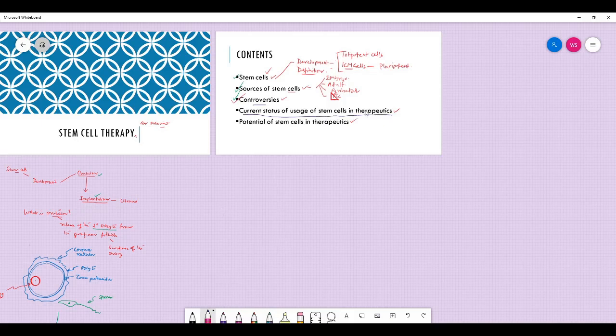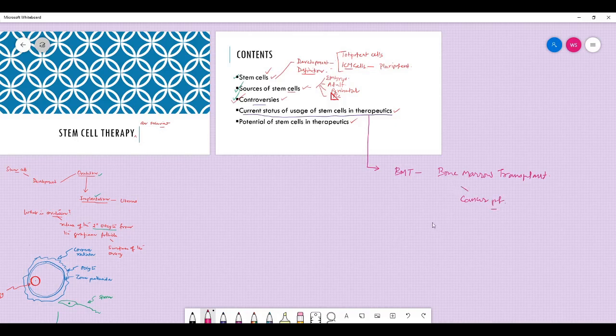The current usage, which is very successful, is bone marrow transplant. What is BMT? Bone marrow transplant. It's done for what patients? Usually cancer patients.